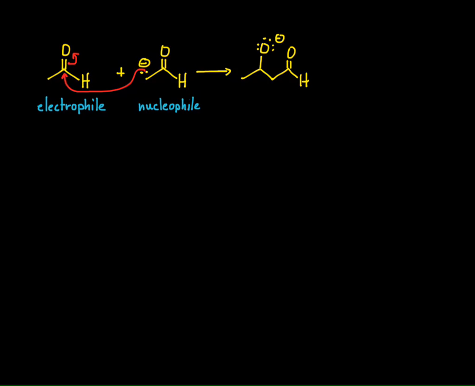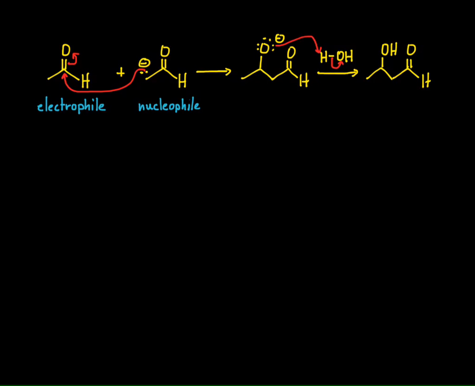So that's the oxo anion, and now I've connected it to the alpha carbon of my enolate, and of course, there is a carbonyl there of the aldehyde present. And now this anion can react with water and undergo a proton transfer. So we get protonation of the anion, and we generate a species that looks like this.